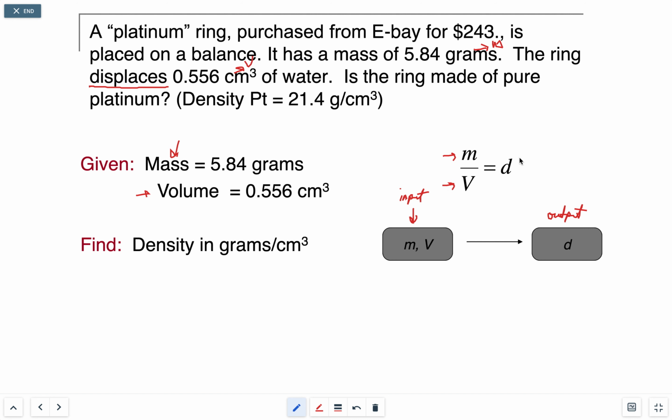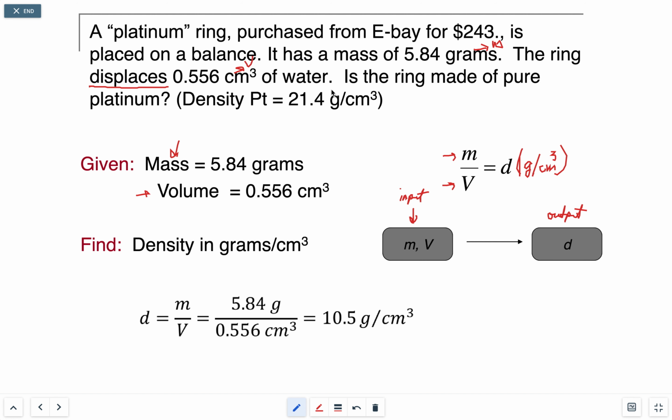We want our units for density to be grams per cubic centimeter because we want to compare this density with the density for pure platinum. So, it's pretty simple, folks. We put in our mass, the number and the unit, divided by the volume and the unit, cubic centimeters, and we have three sig figs here, three significant figures there. We need to report to 3 here, so it's 10.5 grams per cubic centimeter.